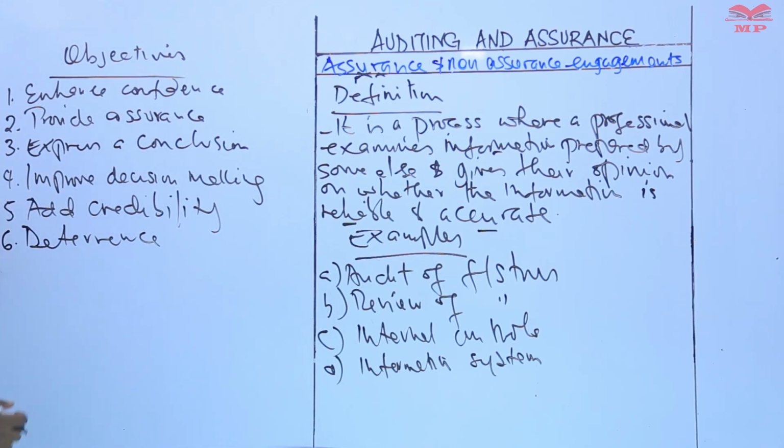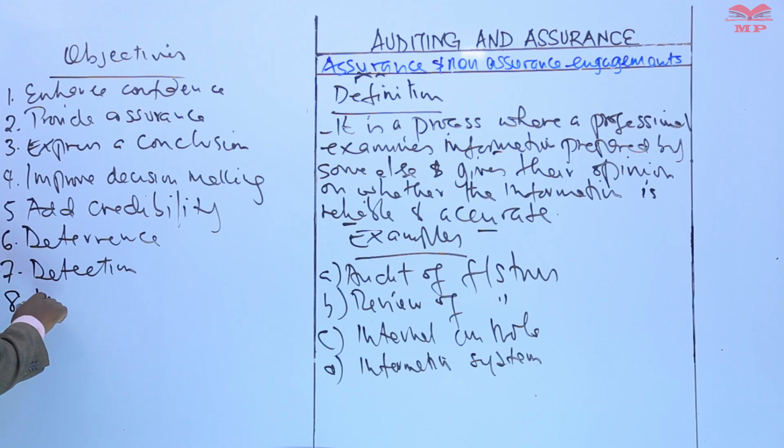Deterrence. Seven is another secondary objective, detection. Detection is an objective. Assurance engagements may help detect errors, fraud, or even non-compliance with regulations, leading to corrective actions.